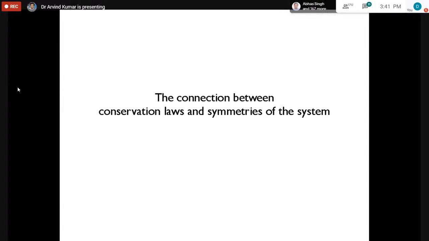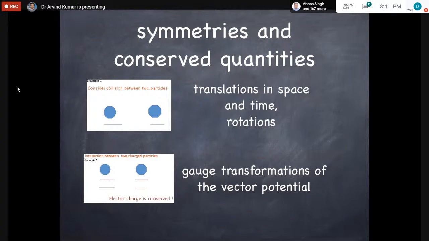For example, in classical physics, the conserved quantities are energy, linear momentum, angular momentum, right? And these require some symmetries in terms of space translations, time translations, and rotations. What does it mean?